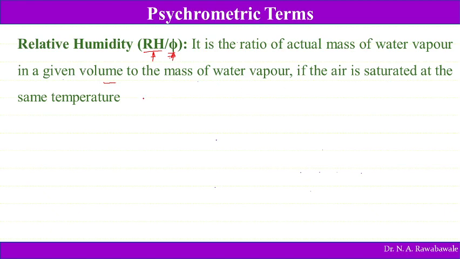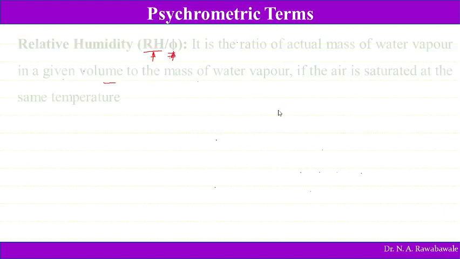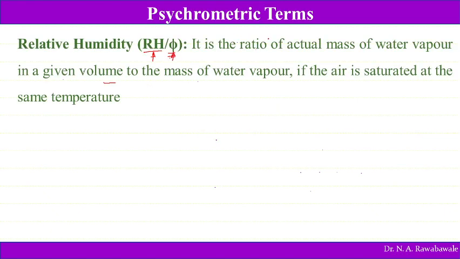Indirectly, it is nothing but the absolute humidity of air to the absolute humidity of saturated air. Here absolute humidity is defined in terms of grams per meter cube.